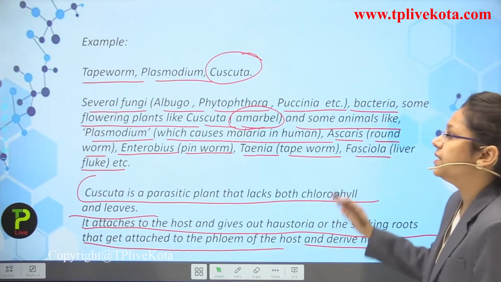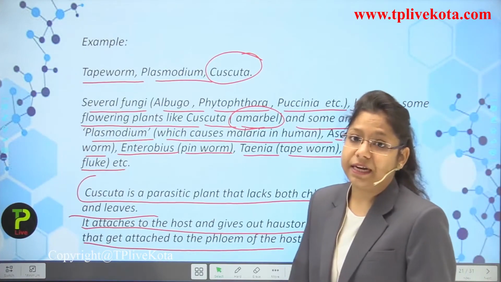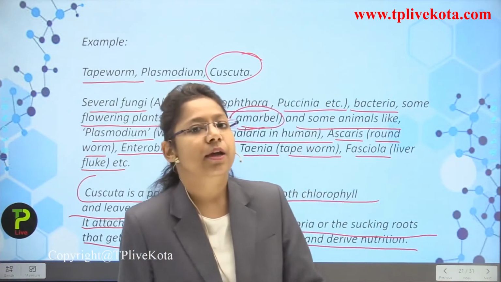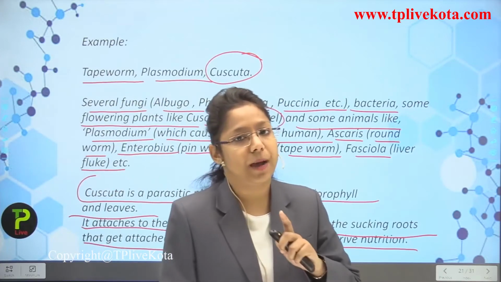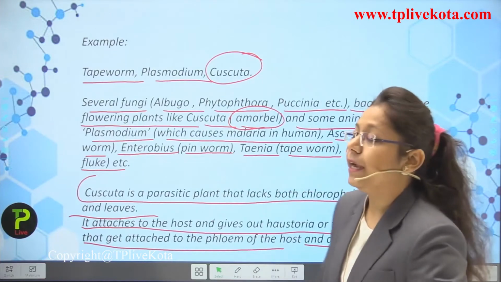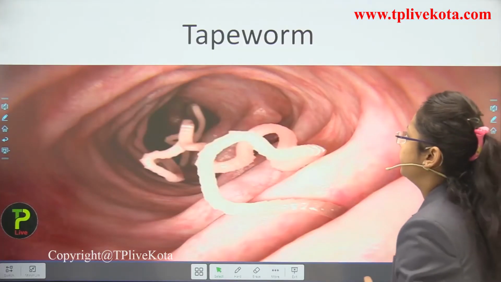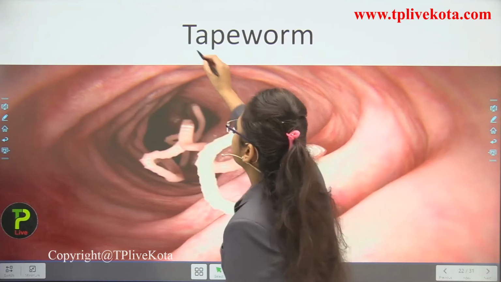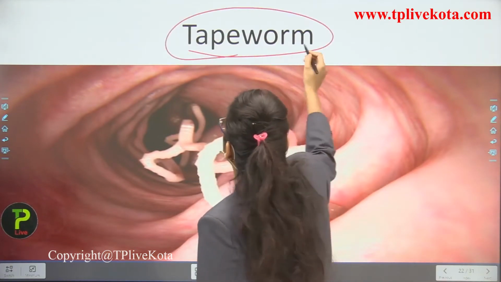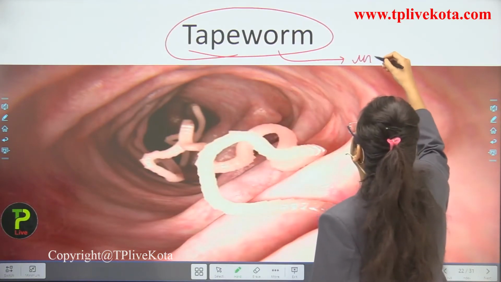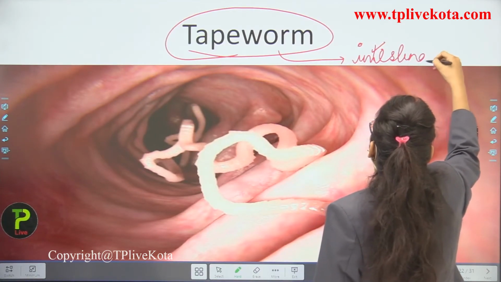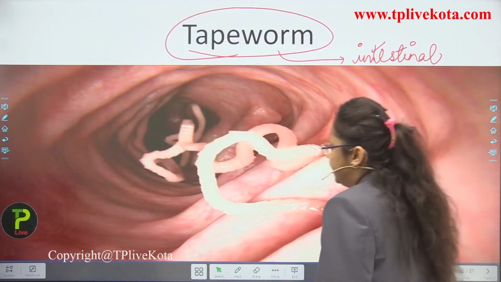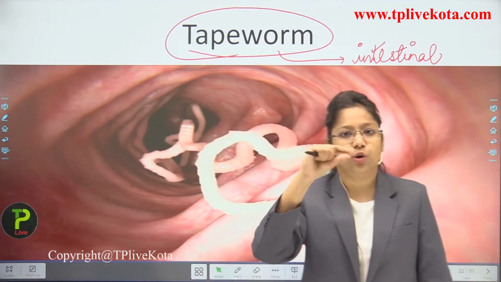Okay students, so these are the examples of all the parasites. You have to remember this thing. Okay, learn it line wise, you will never forget. Okay, so by showing the pictures, you will find things easier. So first is the tapeworm. If we talk about tapeworm, it is just present in the intestinal part of a human being. Okay, now if I talk about tapeworm, it is just a rod-like structure.